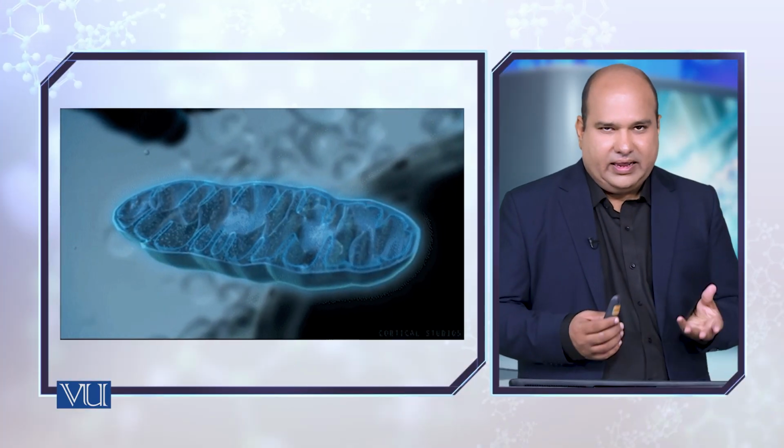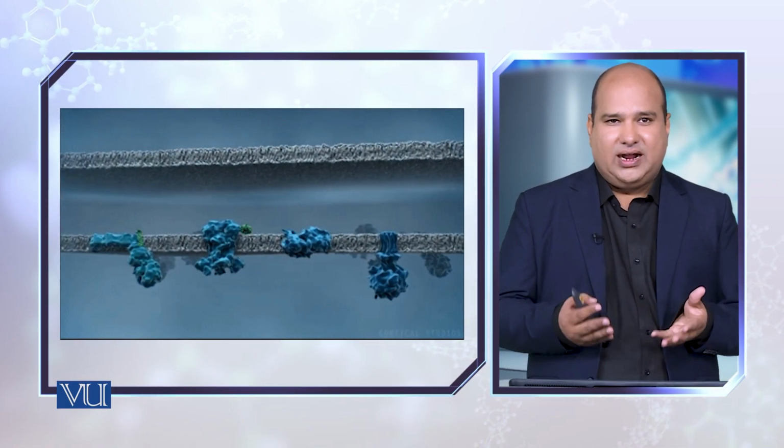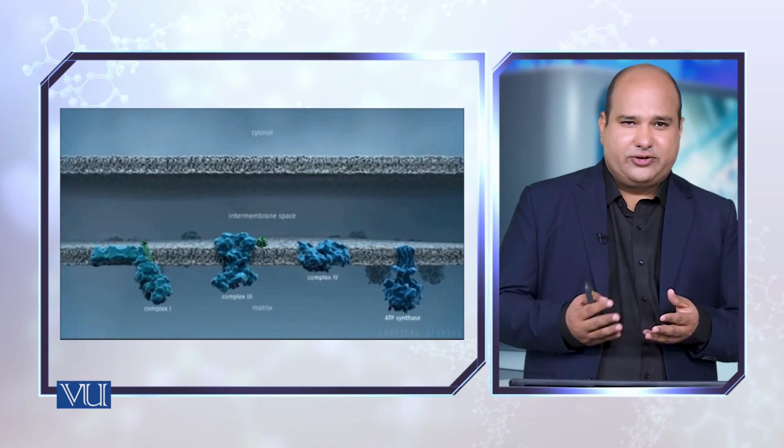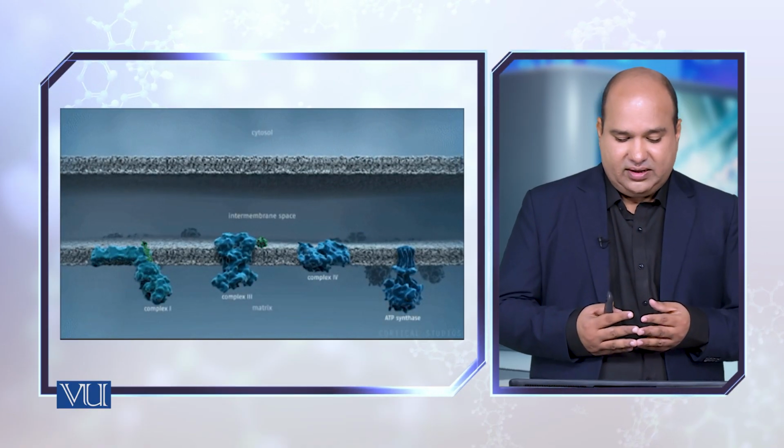Now, let us revise it a little bit, so that you can revise the whole process of the electron transport chain and its coupling with ATP synthesis, because it is very important for you to learn. You know the mitochondria is the main organelle in which all the reactions of the electron transport chain take place. It is a very unique organelle.